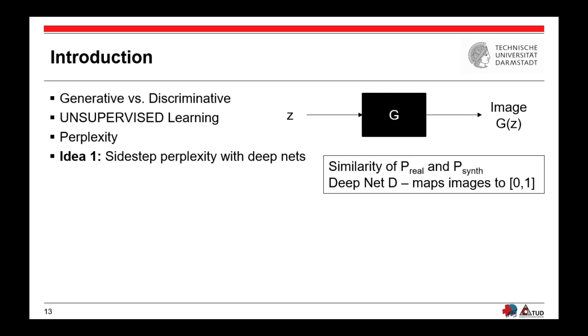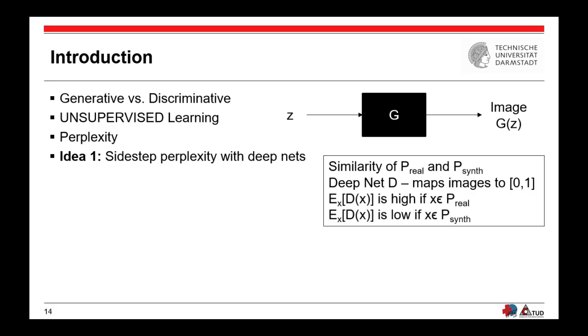So what does it really mean? It means that these deep neural networks will take images as input and map them to between 0 and 1, based on how likely it thinks the image is coming from the real data distribution. So that basically means you have 2 expectations. The expectation is really high when the data is coming from the real distribution, and the expectation is low if the data is coming from the synthetic distribution.